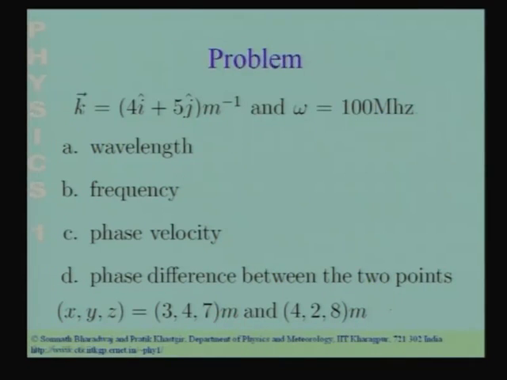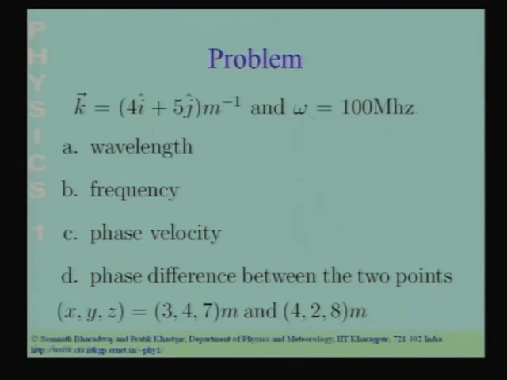So, in this problem that we are going to discuss, we have a wave, and the wave is described by a wave vector. The wave vector is 4i plus 5j meter inverse. The wave also has an angular frequency which is 100 megahertz.